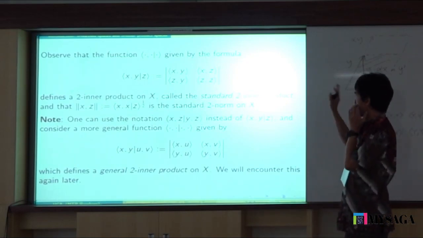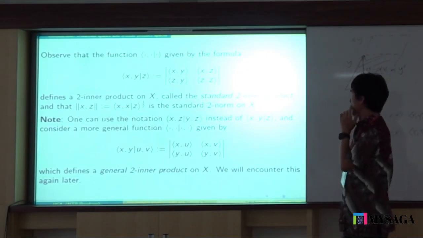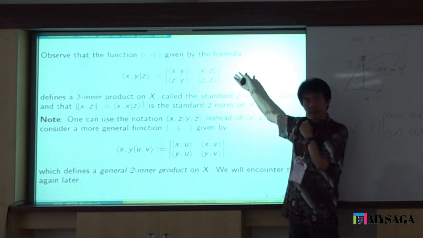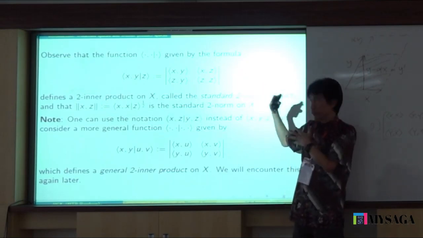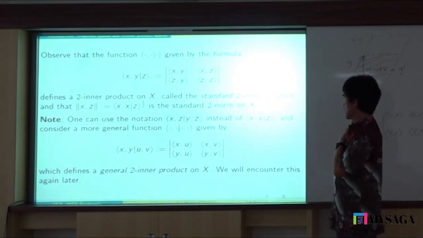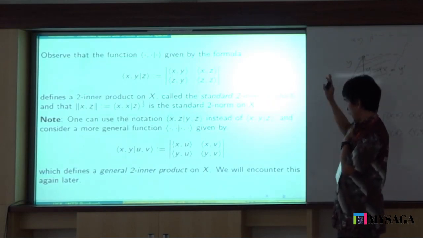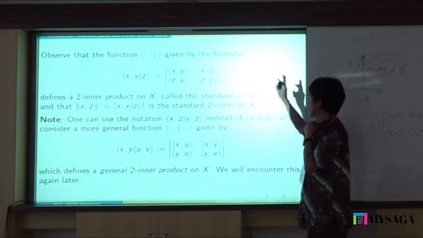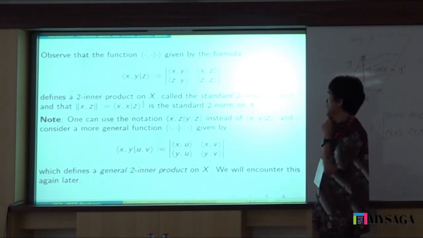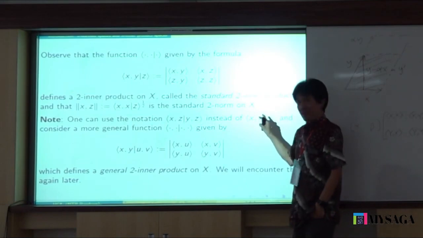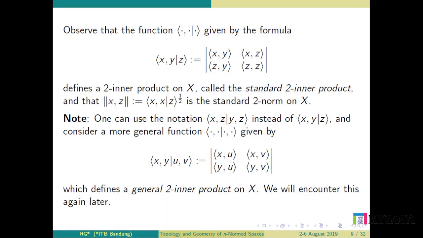I don't show all the computations here, but the idea is with this two inner product, we can. I have written the Cauchy-Schwarz inequality on the next slides, and then from that Cauchy-Schwarz inequality, the triangle inequality for the two norm follows.